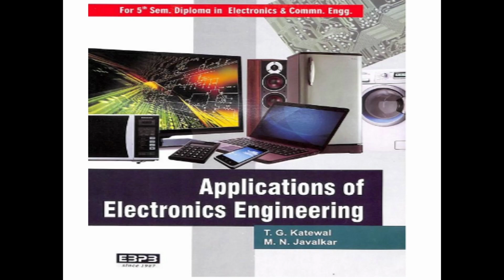The unit one is called consumer electronics, in which you will be studying various types of consumer electronic devices. Unit 2 will be automobile electronics, where you will be studying electronics related to an automobile. Then you will be having audio systems, where sound systems you are going to study.